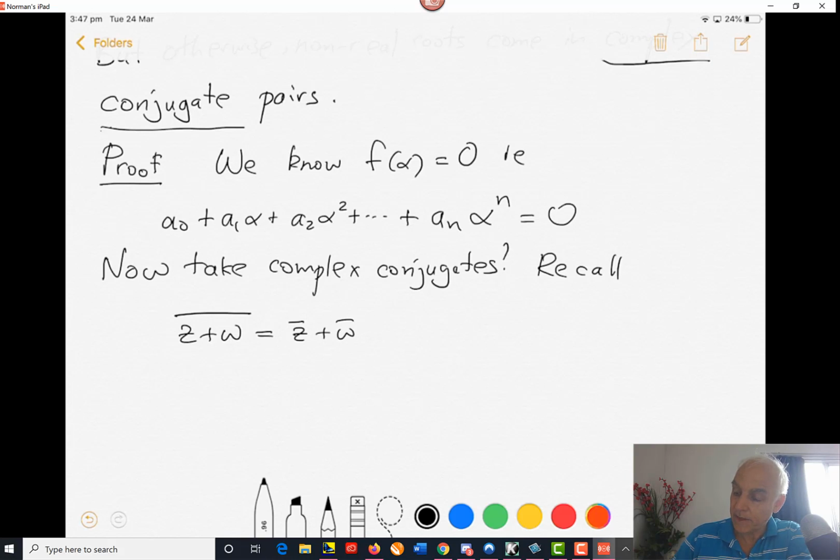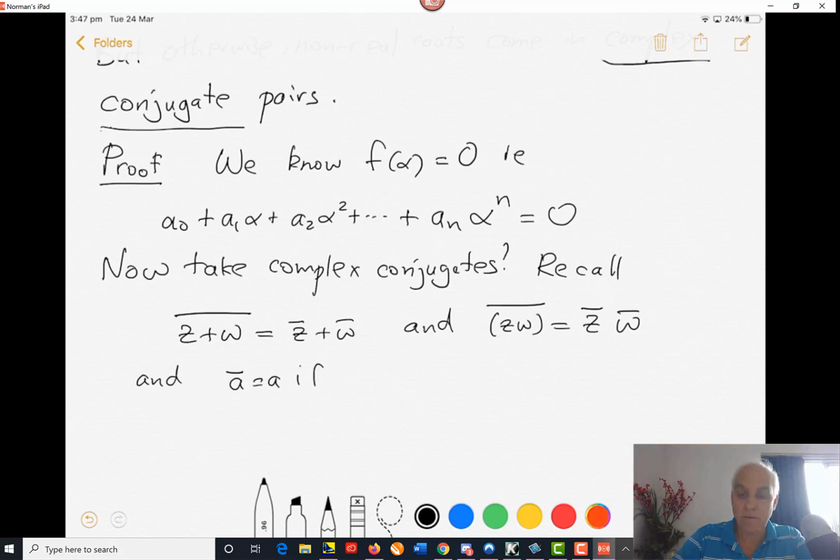And if you similarly take the complex conjugate of a product, zw, that's the same as the complex conjugate of z times the complex conjugate of w. And we should also note that a bar equals a if a is a real number. The complex conjugate of a real number does not change it.